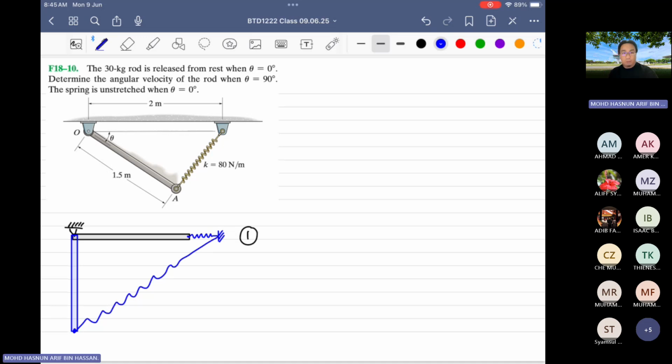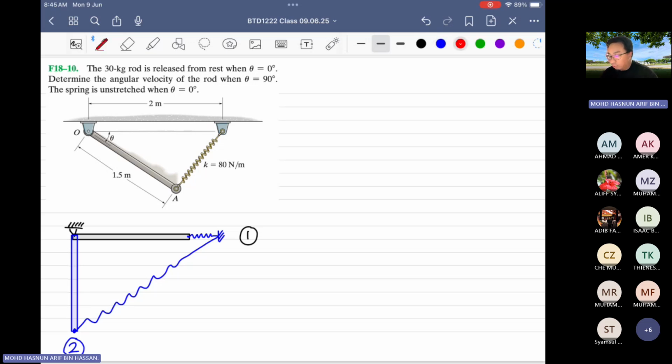That is the illustration of the first and second positions of the rod. That is the first step: draw the initial position and the final position.